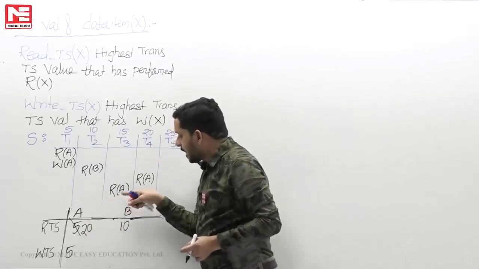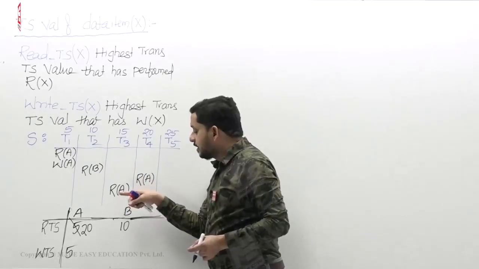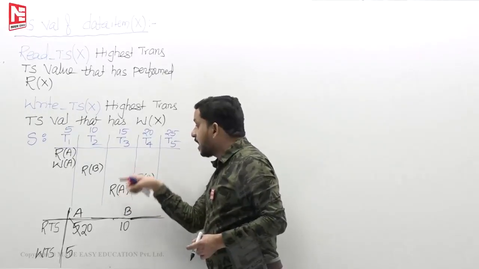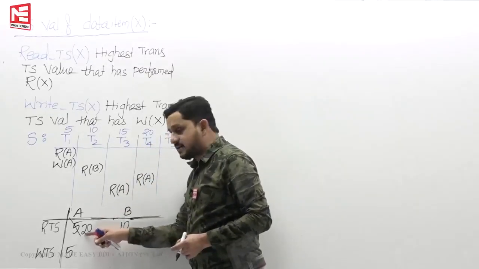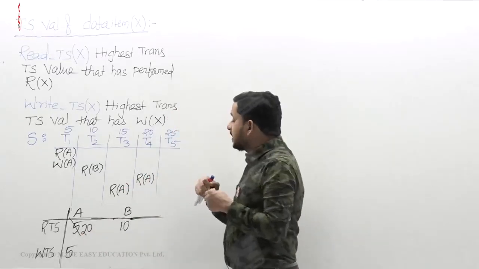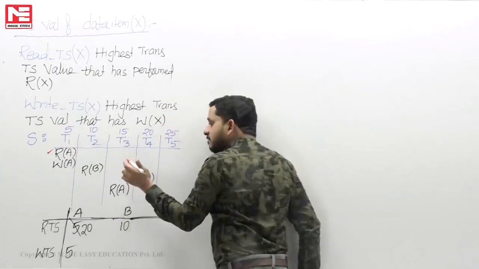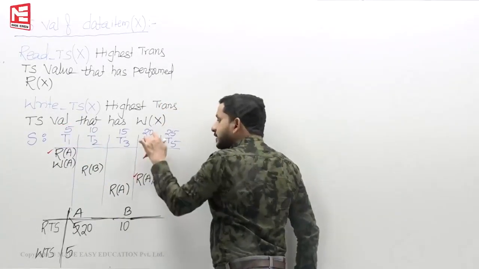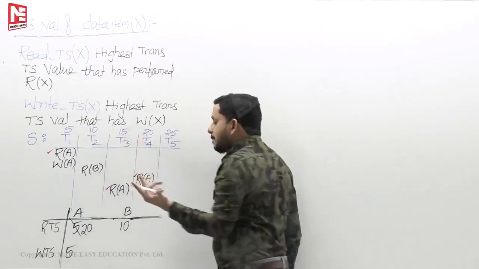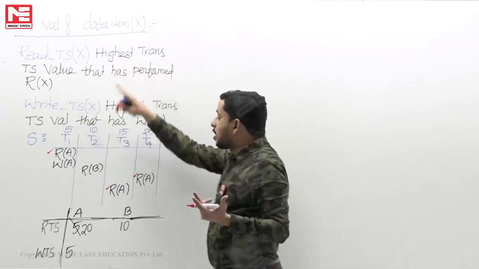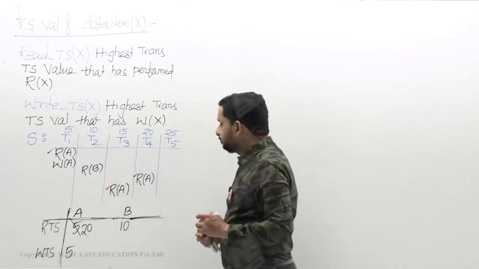Even though transaction T3 did the read after the T4 read operation, the read timestamp value of A remains 20. Among all the transactions that did the read operation, the highest is 20, so it remains 20.